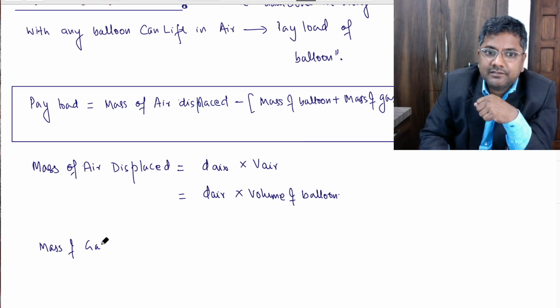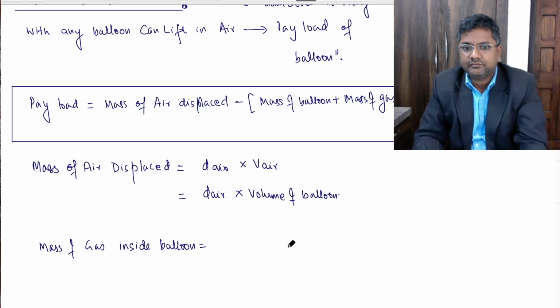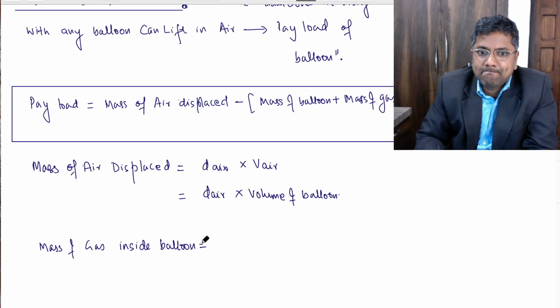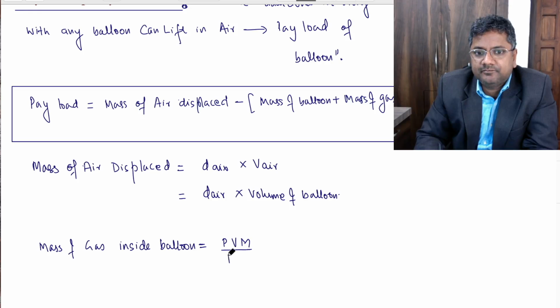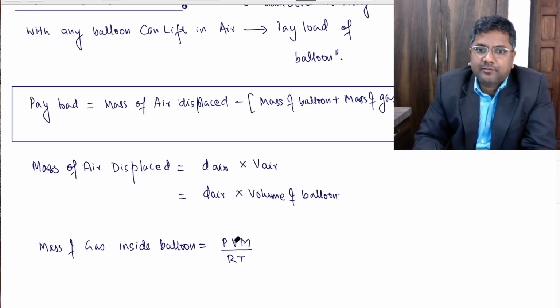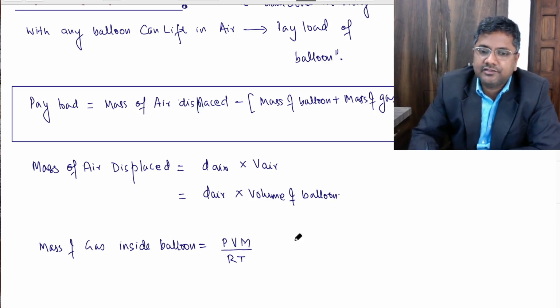Mass of gas inside the balloon is equal to PVM by RT, where P is the pressure of gas, V is the volume of balloon, M is the molar mass of the gas, R is the gas constant, and T is the temperature. So mass you can calculate by using this, right?